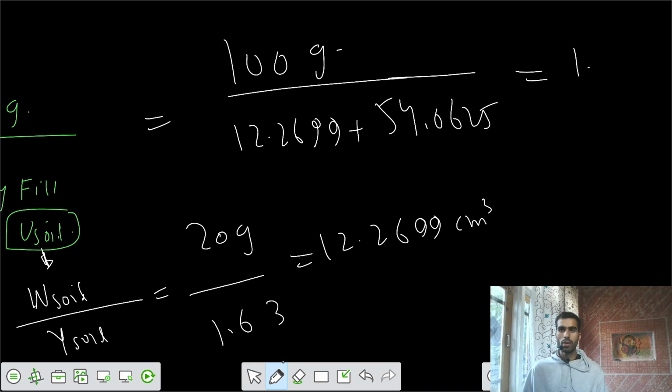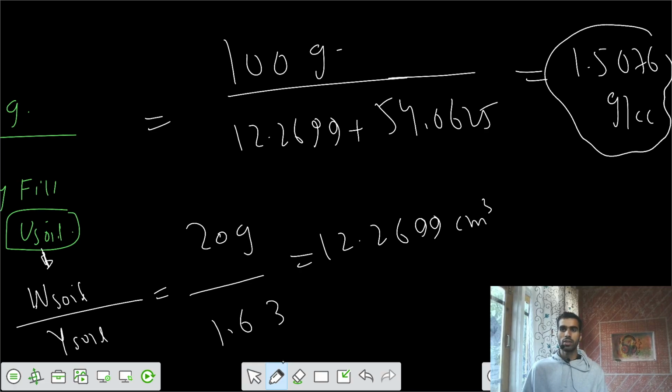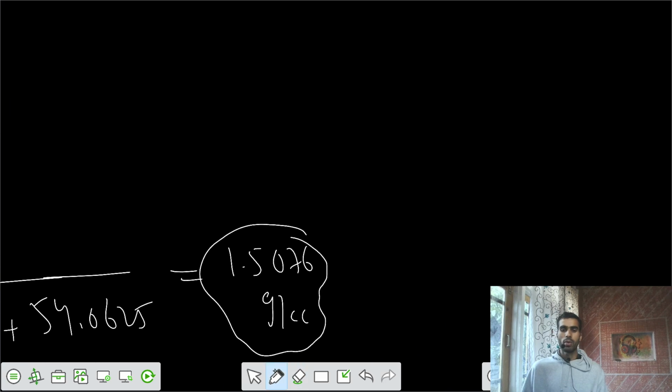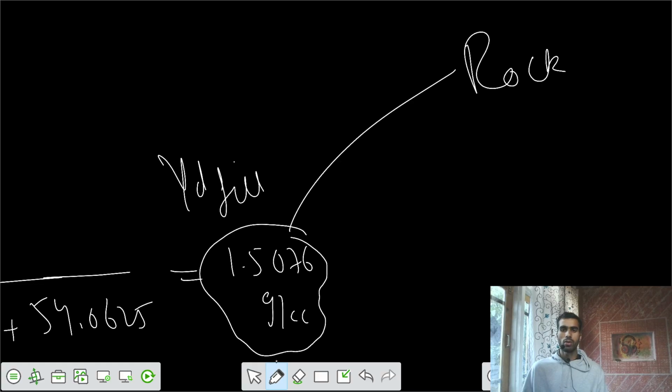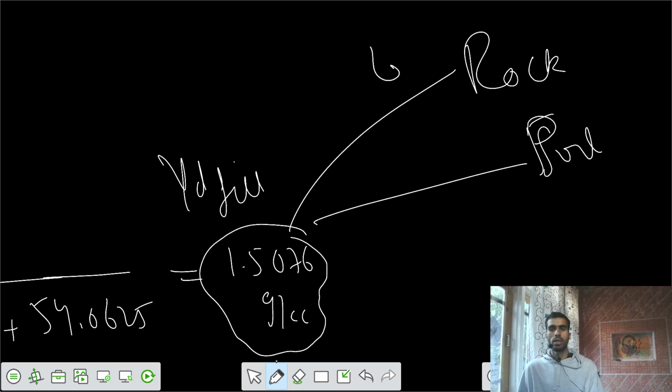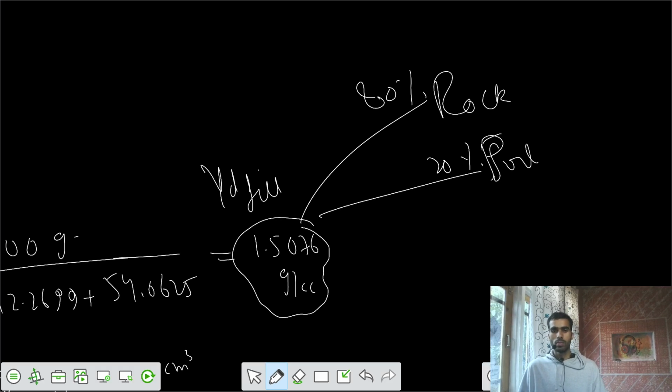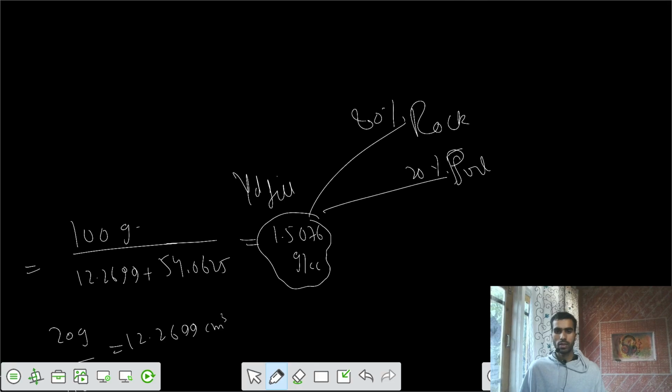Your overall value is coming out to be 1.5076 grams per cc. It's the maximum dry density of that fill material, because of the rock material and the soil fraction, 80% rock, 20% soil fraction. 1.5076.